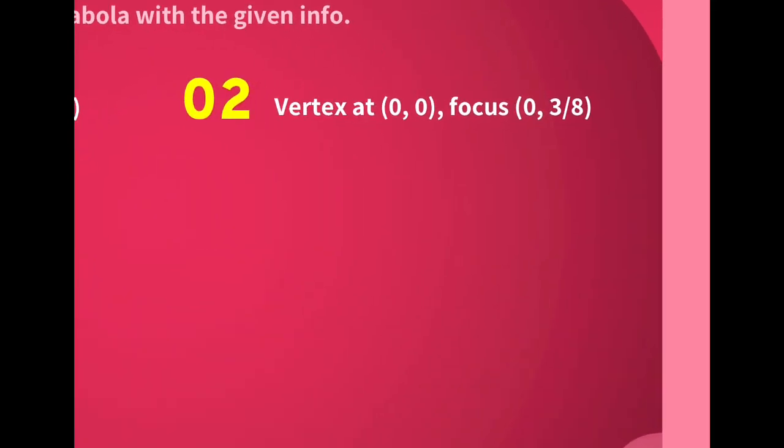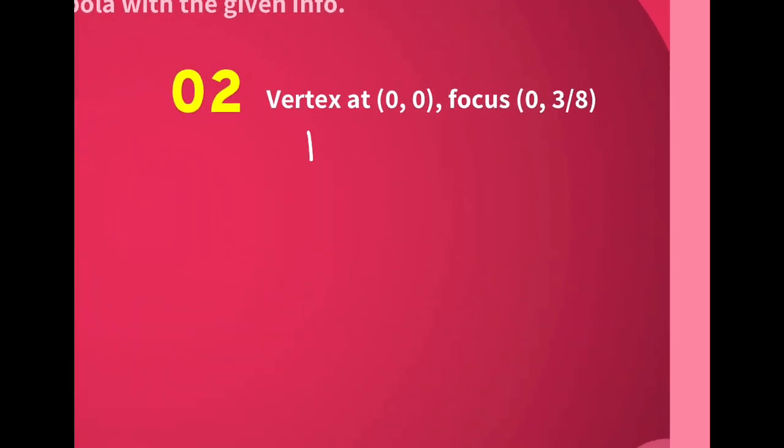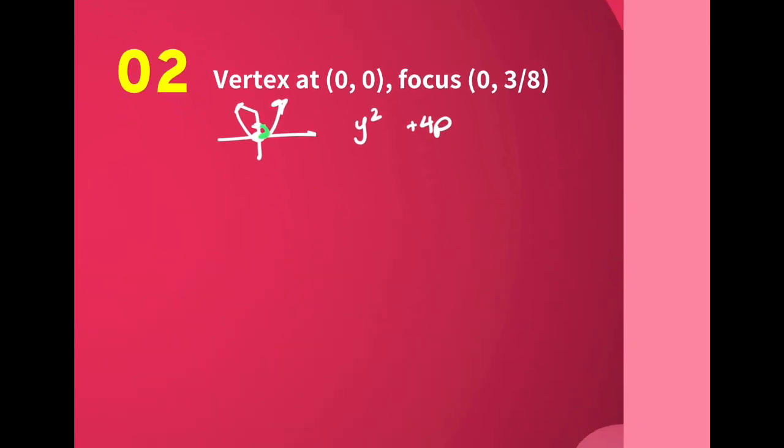Now go to 2. Vertex at 0, 0. So again, I'm going to plot that information. That's my 0, 0. Focus at 0, 3/8, which means it's on the y-axis. My parabola is going to point up, which means it's an x squared with a positive 4p. P is that same distance, the distance from the vertex to the focus, which is 3/8.